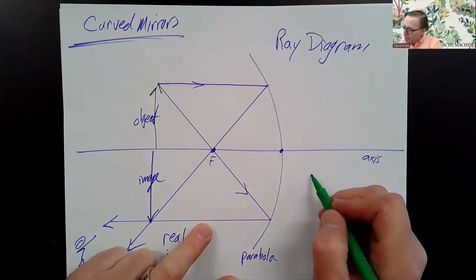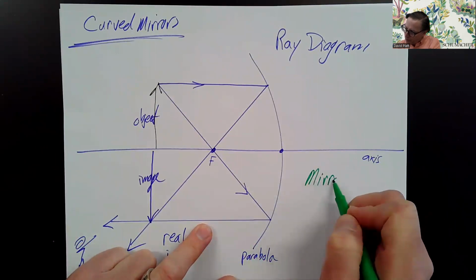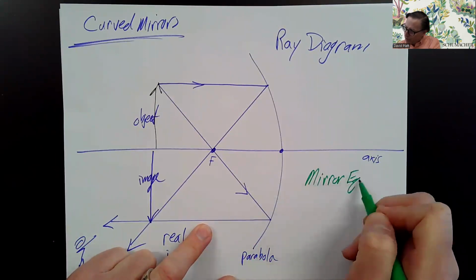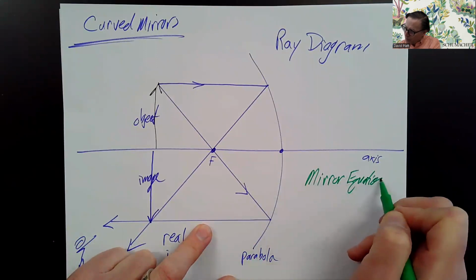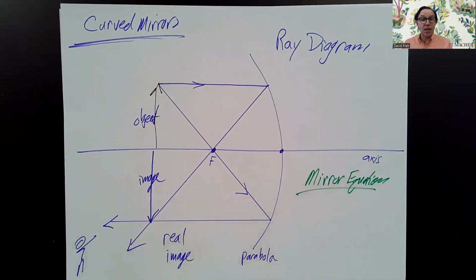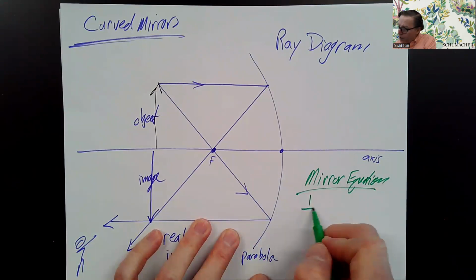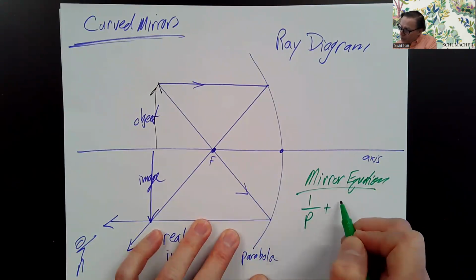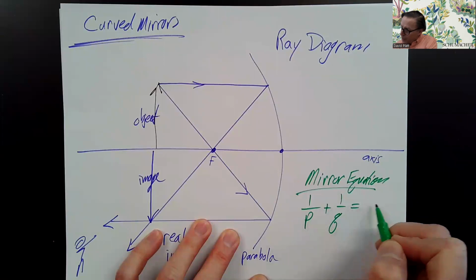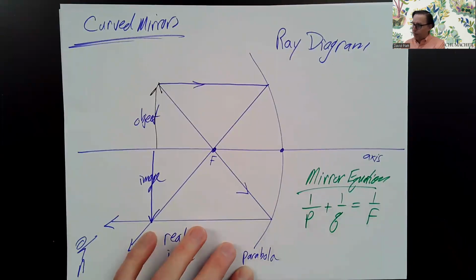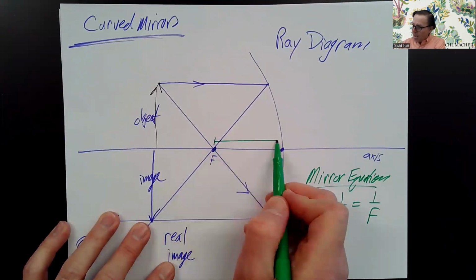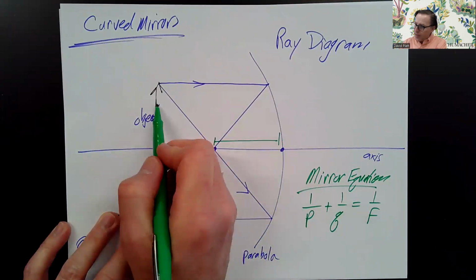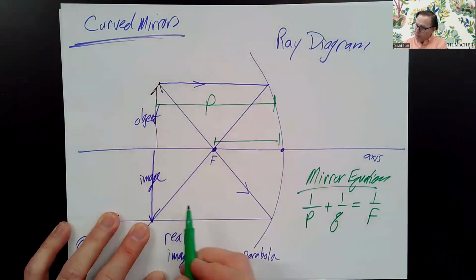So this is called the mirror equation. It's very important. I think the derivation for it is in your book. We don't have time for it today. But it says 1 over P plus 1 over Q equals 1 over F. So this is F, the focal length. This is P, the object distance.